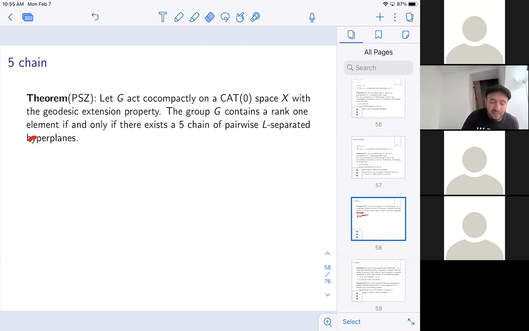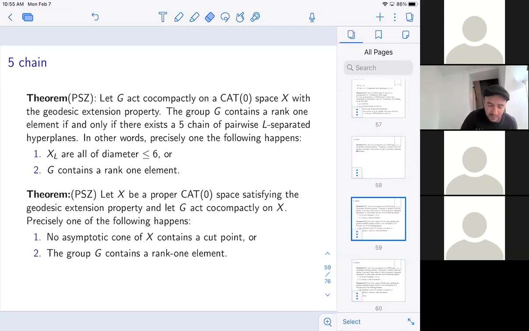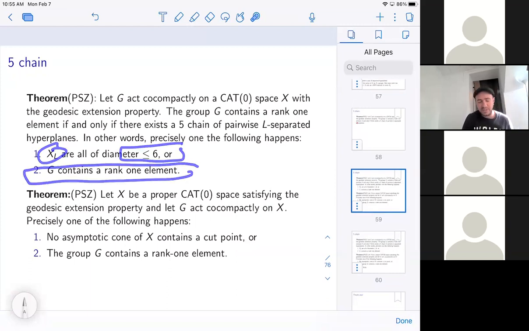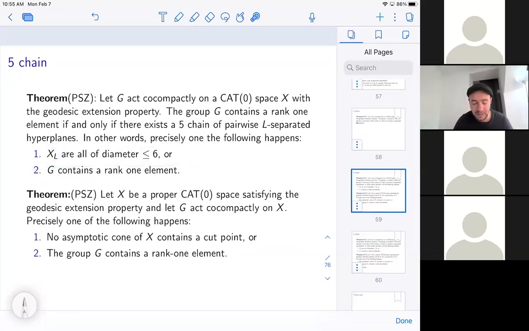What this says in terms of the XLs is that each XL has diameter at most 6, or G contains a rank 1 element. And maybe I'll stop here and take questions.